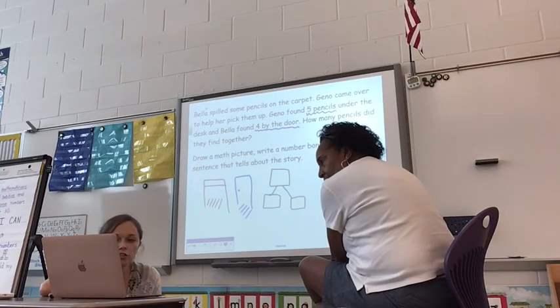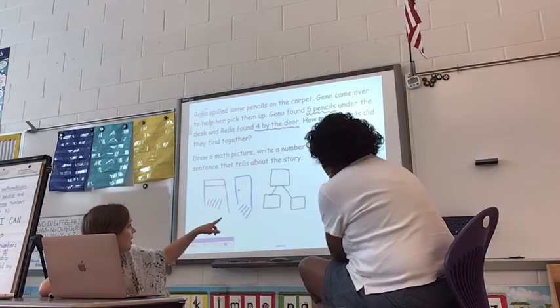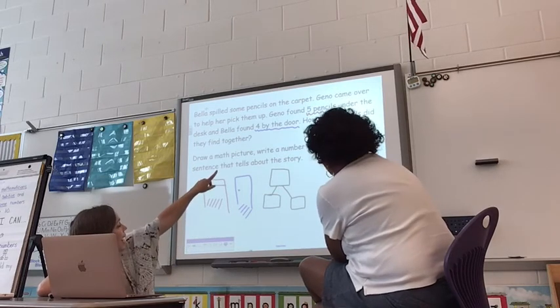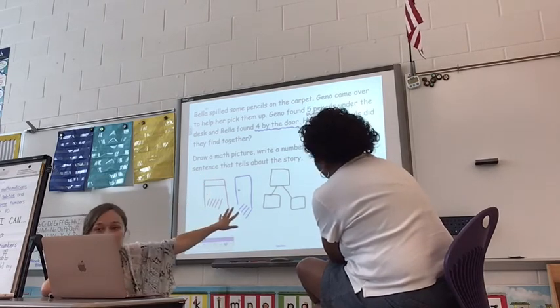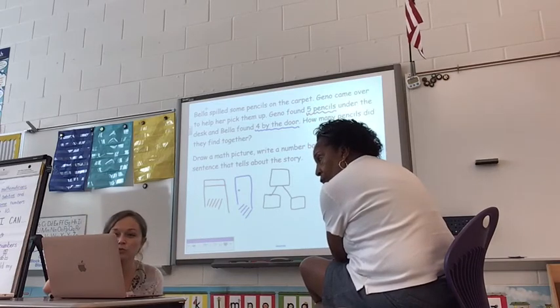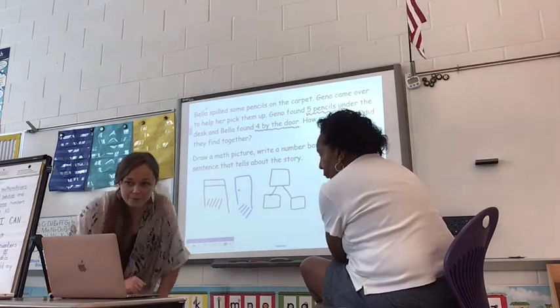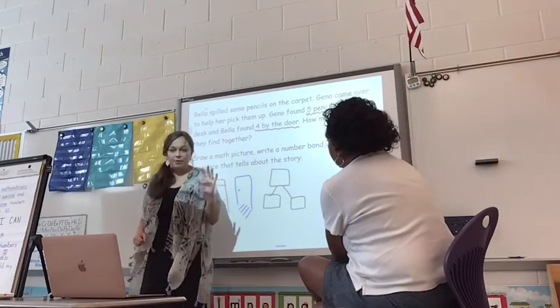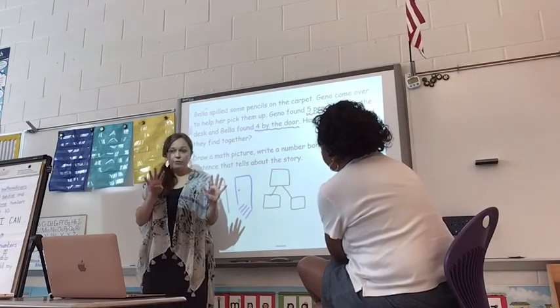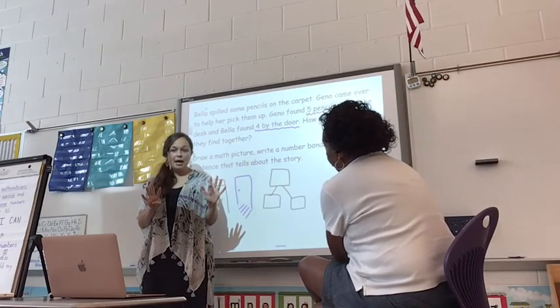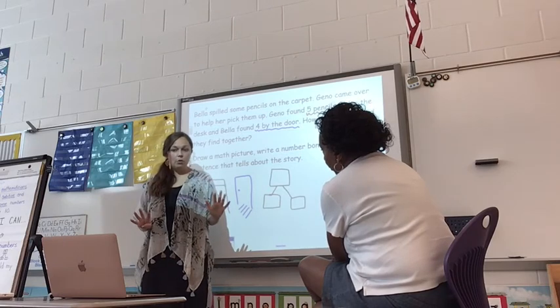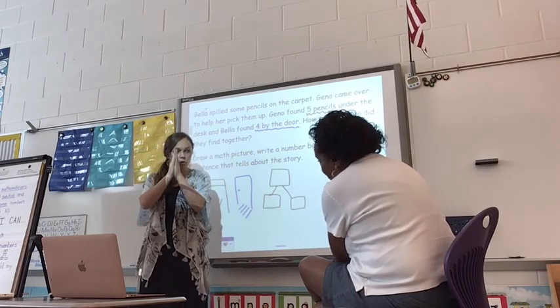All right, so once you've got your number bond, we have to be thinking about how we can put the 5 and the 4 in the number bond, but we have to put them in the right spot, okay? So if we have 5 and 4, is that my part, or is that my total?